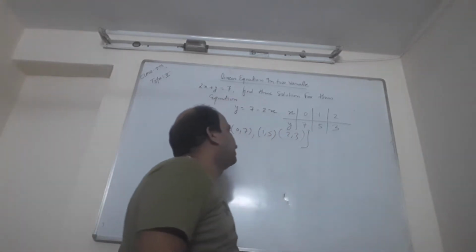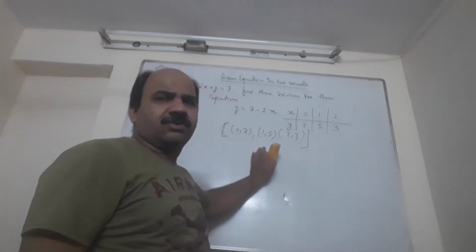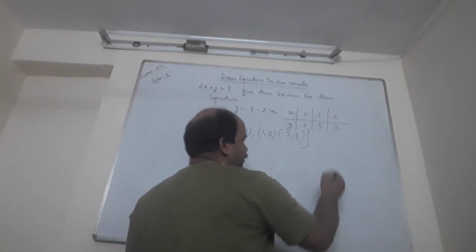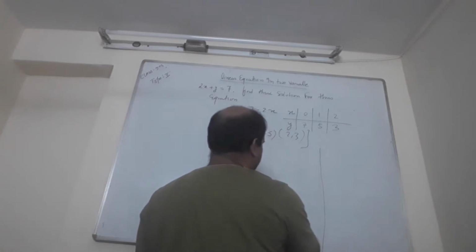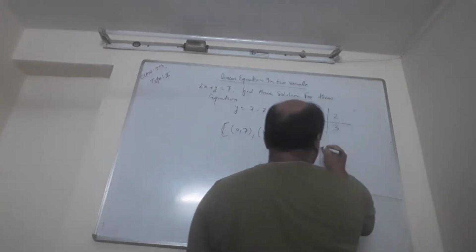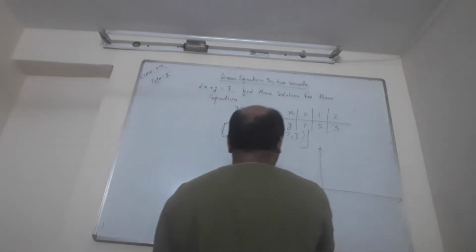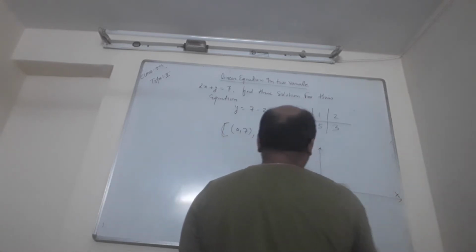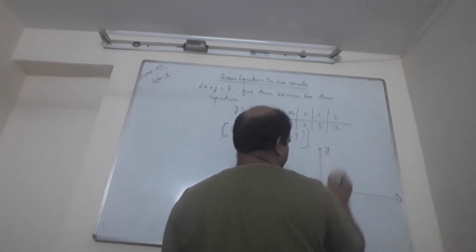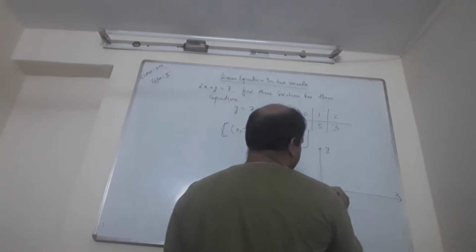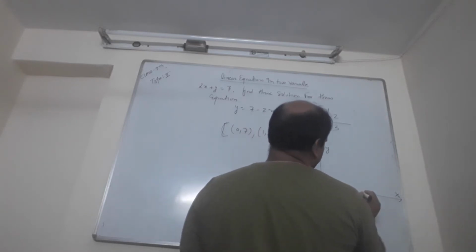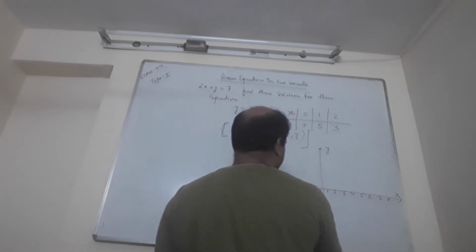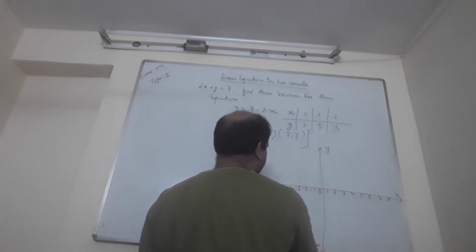Moreover, after getting these values, we will show them on the graph paper. Make the coordinate axes x dash, x, y, y dash. Now mark 1, 2, 3, 4, 5, 6, 7, 8 and minus 1, minus 2, minus 3, minus 4, minus 5.